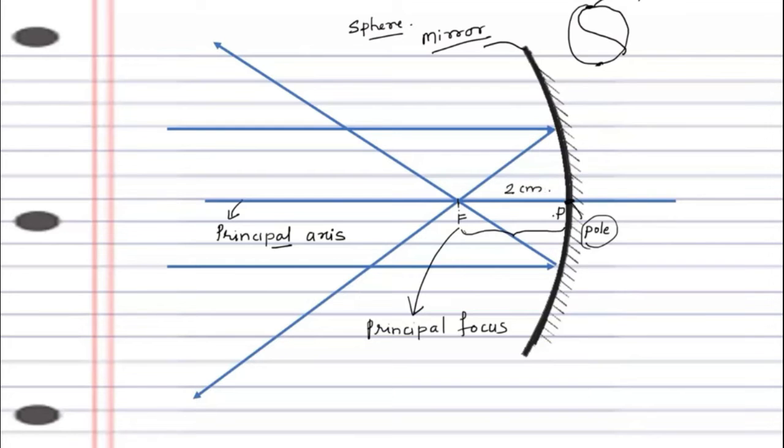So from here to here it's 2 centimeters. Now you have to fix another point exactly 2 centimeters from F, and that point you have to show as C.